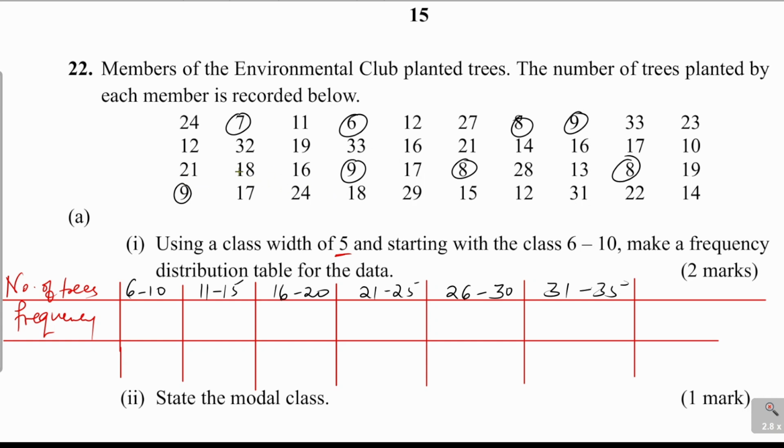Oh, there's one that I'm missing. Let me just confirm. Yeah, I have one here. So I've circled all of them that are in that range, 6 to 10. So 1 2 3 4 5 6 7 8 9, they are 9.